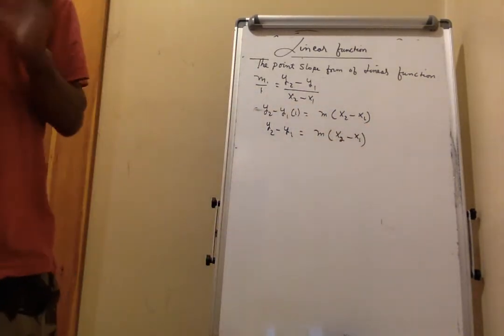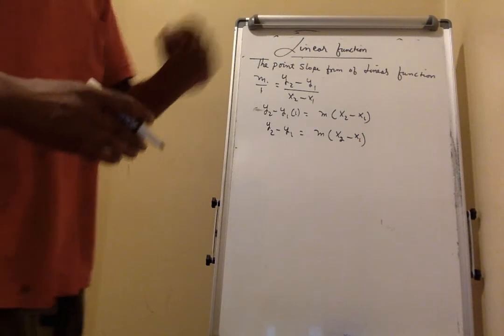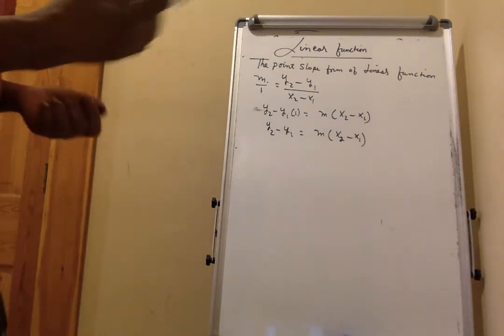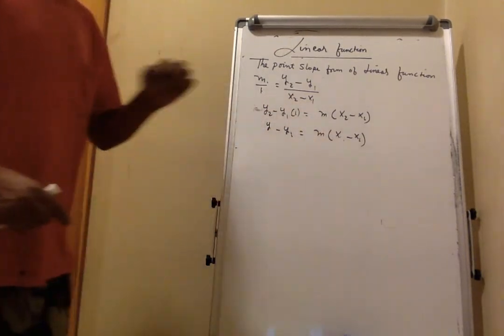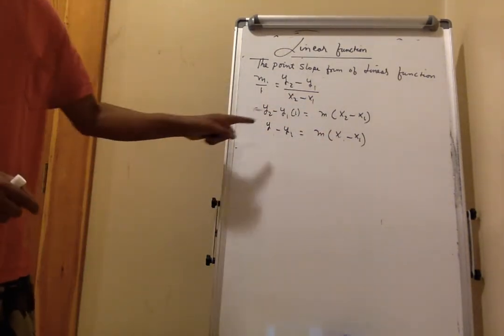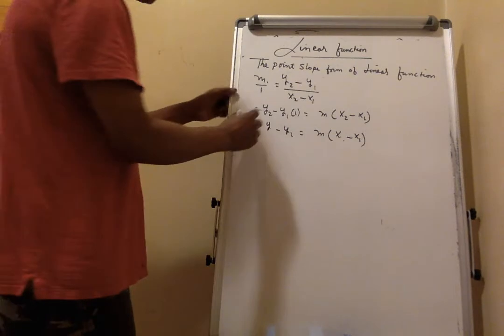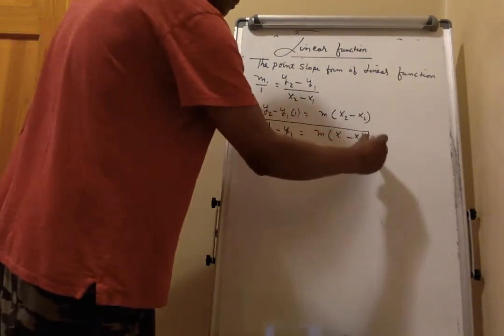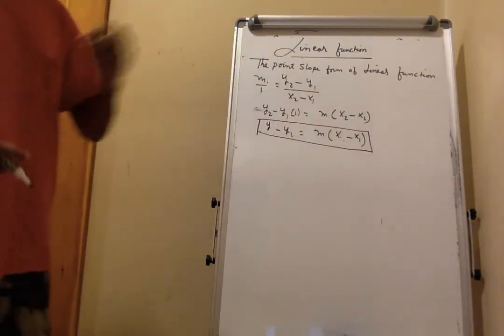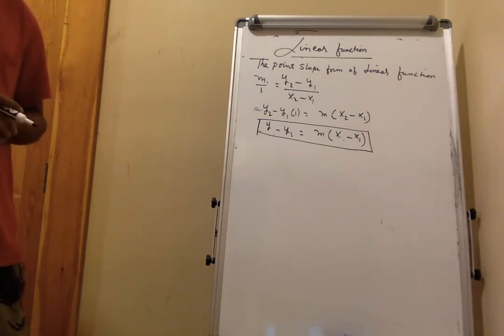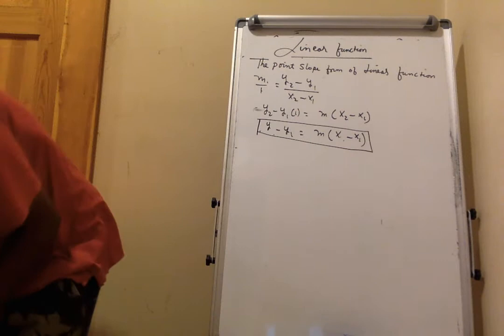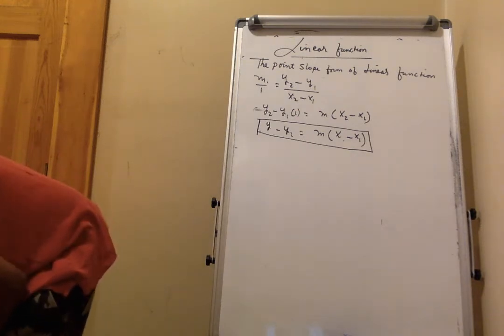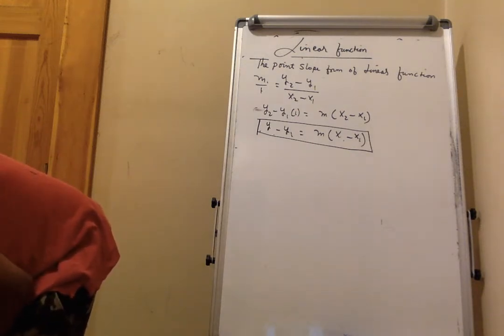This is basically how the point slope formula looks. The only difference is we can take the 2 out, because you are writing an equation. y minus y1 is equal to m times x minus x1 is the point slope form of linear equation. So we are going to use this formula to write an equation.